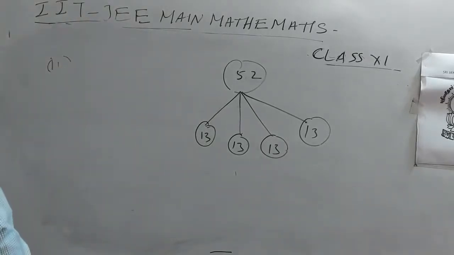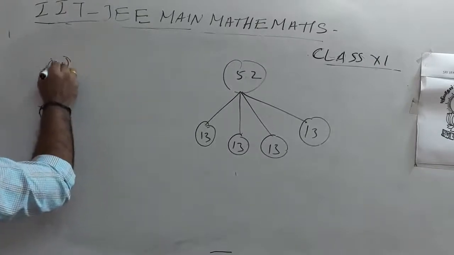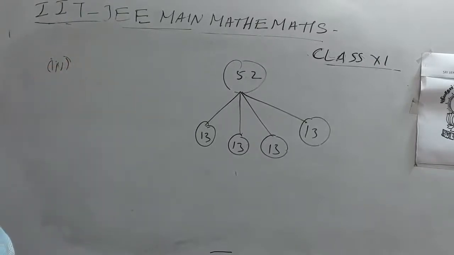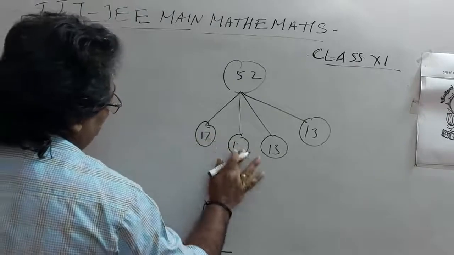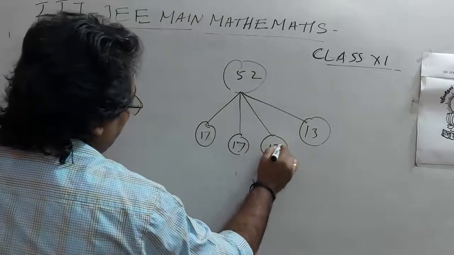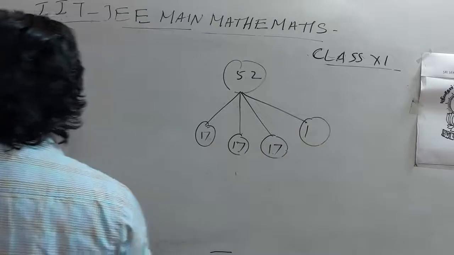Next, third subdivision: 4 groups, 3 of them having 17 cards and the 4th just 1 card. So 17, 17, 17, 1 card.